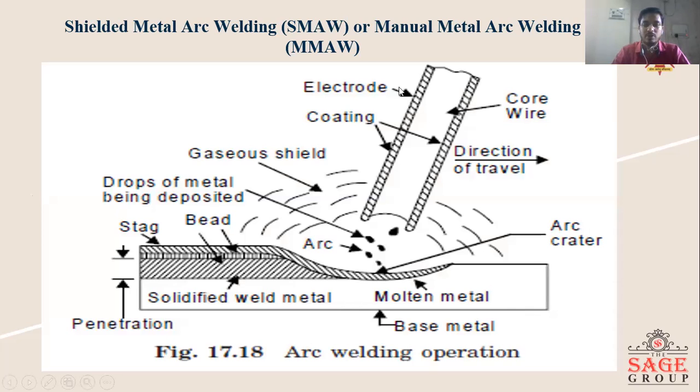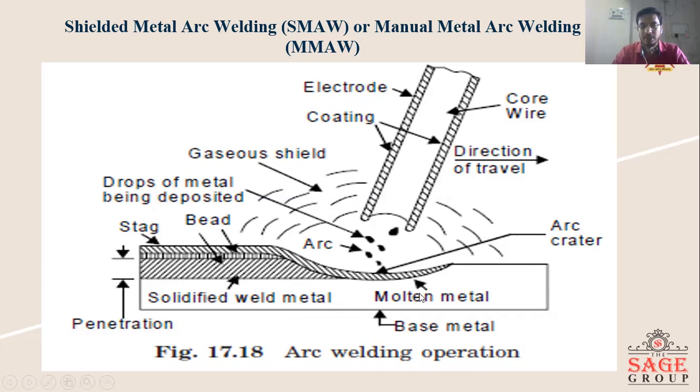So this is the diagram of SMAW. Here the electrode is coated by the flux, and this flux makes a shielding layer or pool to reduce oxidation from the outside air, right? So the base metal and another metal can be joined in the welding process.